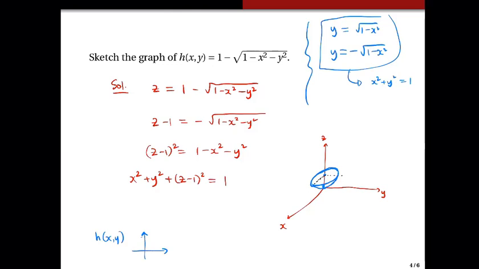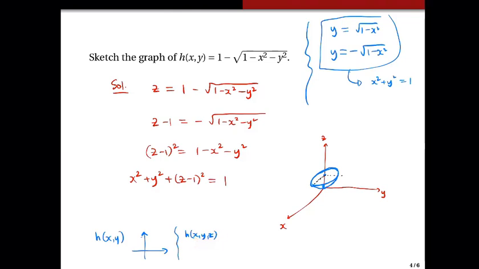On the other hand, say you have a function in three variables, h of x, y, z. In the domain, you have to consider values for x, y, and z.